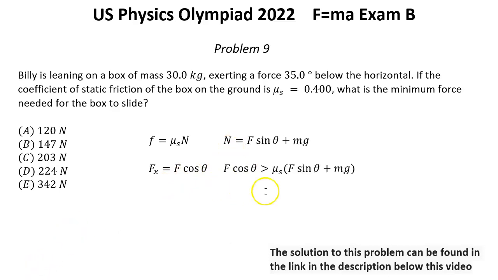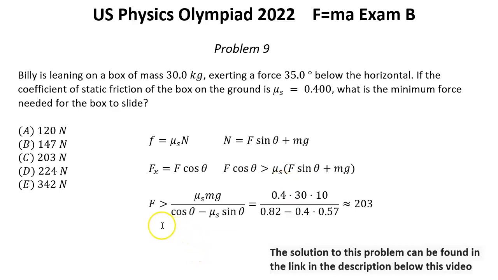It means that we have this inequality from which we can find the minimum force F. That will be this expression, which is 203 newtons. That's answer C, and that was the solution for problem number 9.